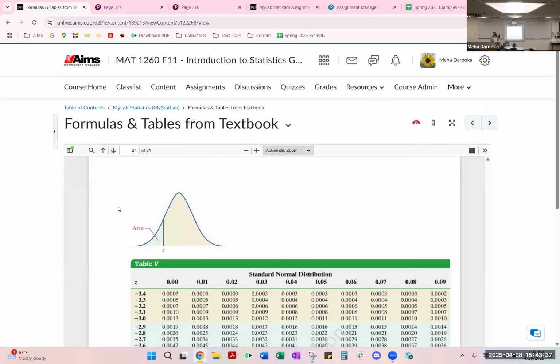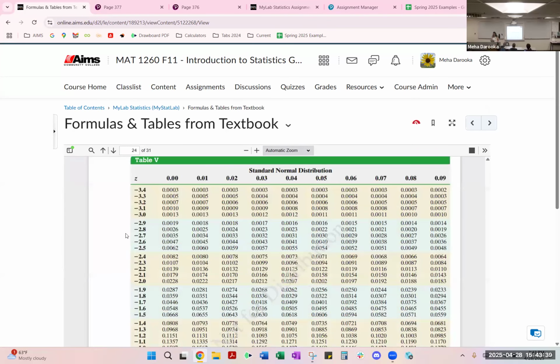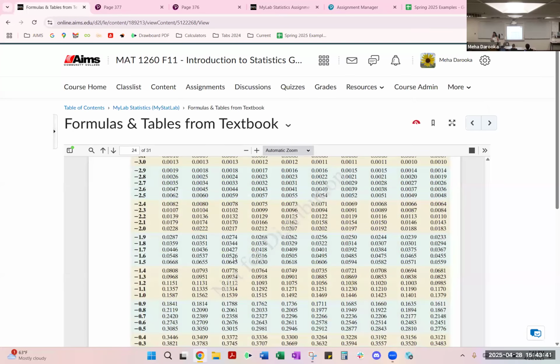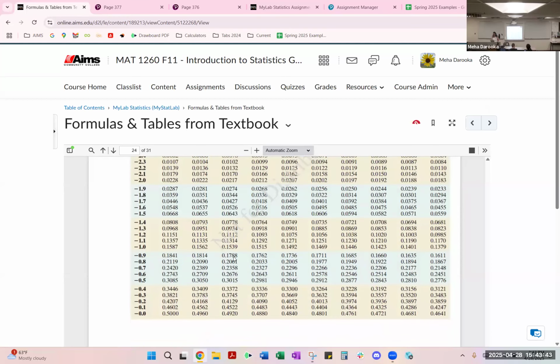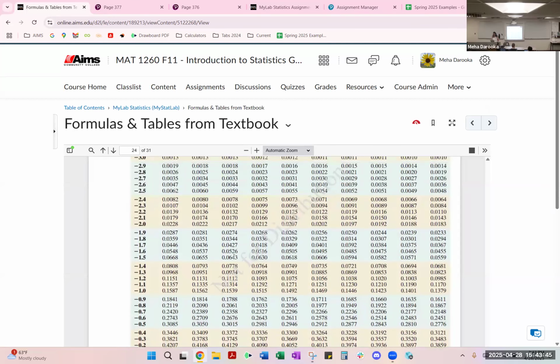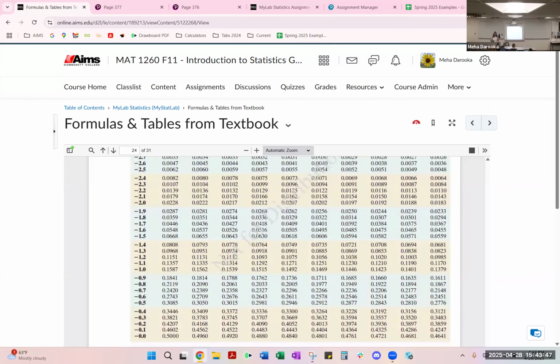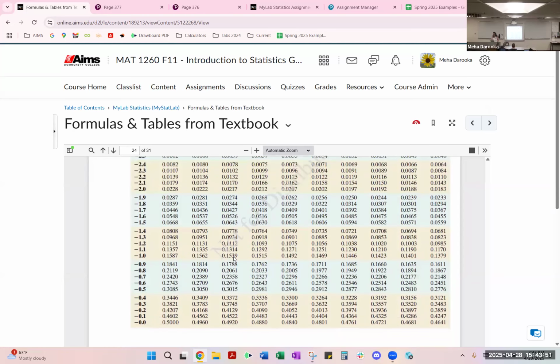Table 5, and we're looking for 10%, so 0.1. Which should be on the negative side of the table, because we are talking about being below the mean, right, a maximum of 10% or below. So 0.10 has to be between these two numbers.